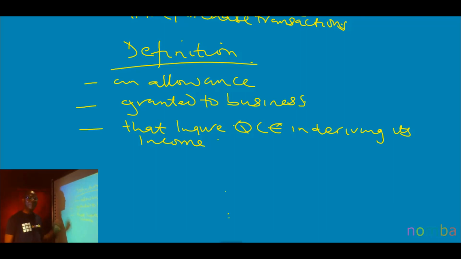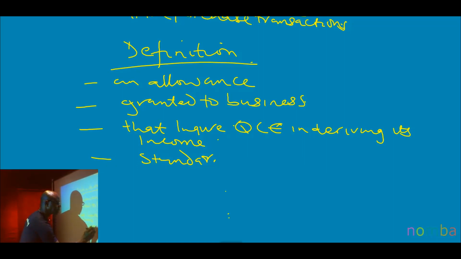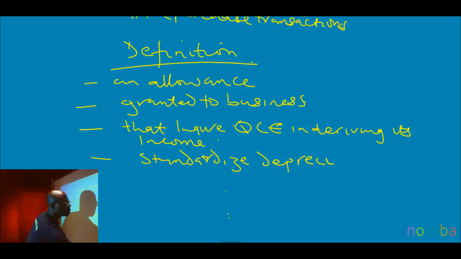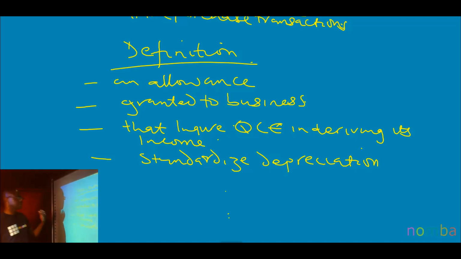Continuation. Capital allowance is a standardized depreciation. I have explained that there. So, maybe I should also put it down here: standardized depreciation. And that it is to be deducted from the assessable profit of a business before subjecting the balance to tax.